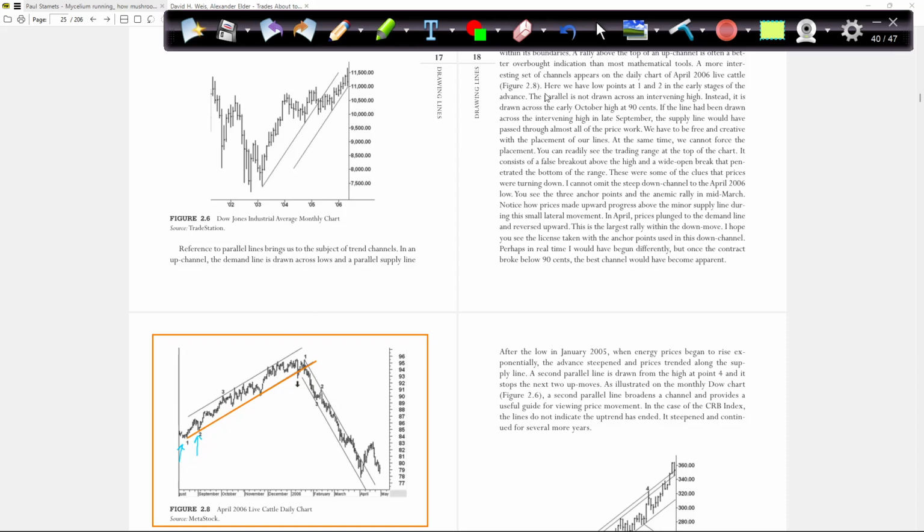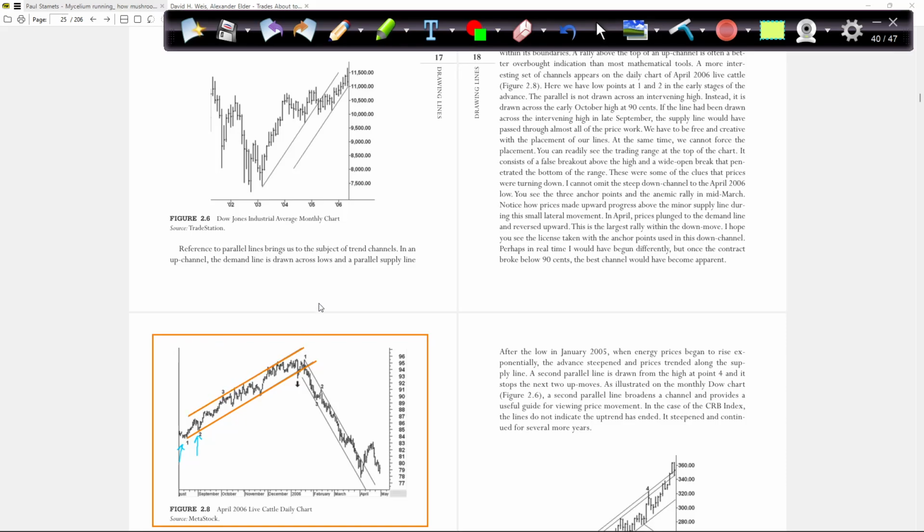The parallel is not drawn across an intervening high. Instead, it is drawn across the early October high at 90 cents. So we draw this parallel channel line here.